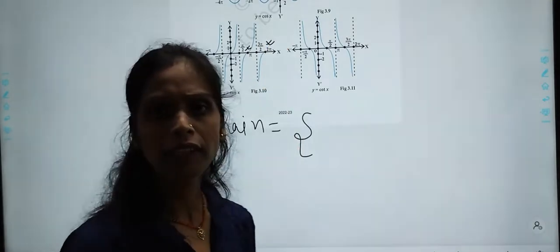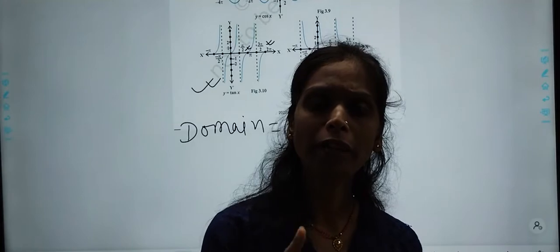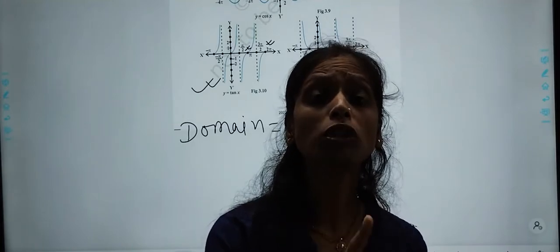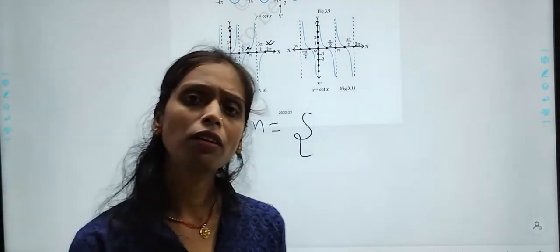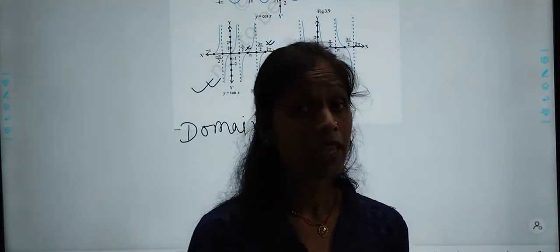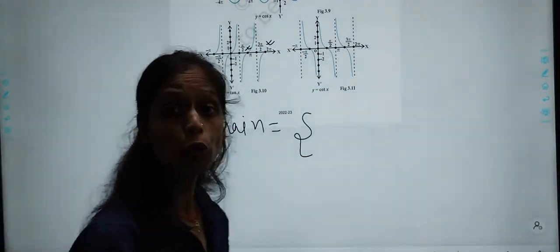You see here in every 2n plus 1 pi by 2 term, the graph disappears. Then in this situation, what will you say?